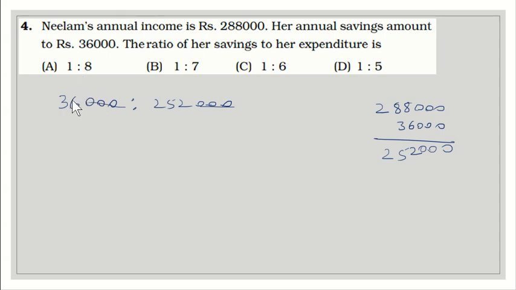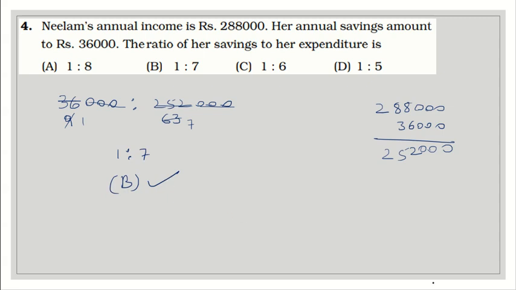So cancellation will be done here. 4 9s are 36, 4 6s are 63, 4 3s are 12. Then moving on to the further cancellation, 9 1s are 9, 9 7s are 63. So the right option is 1:7. So B is the right option.